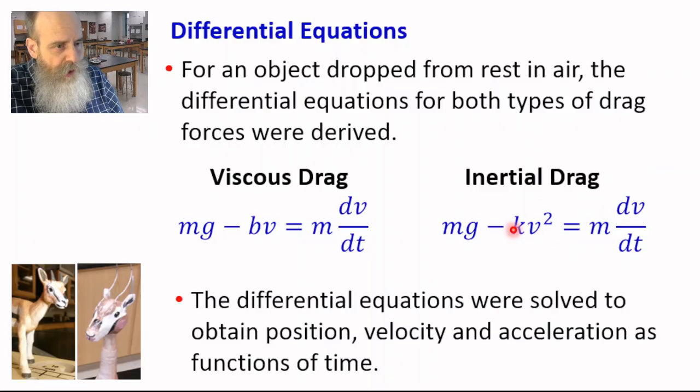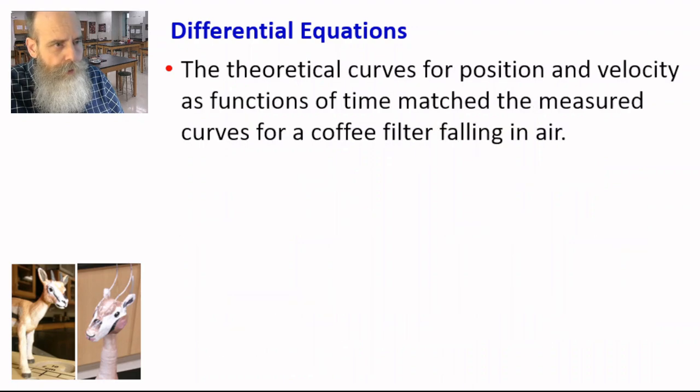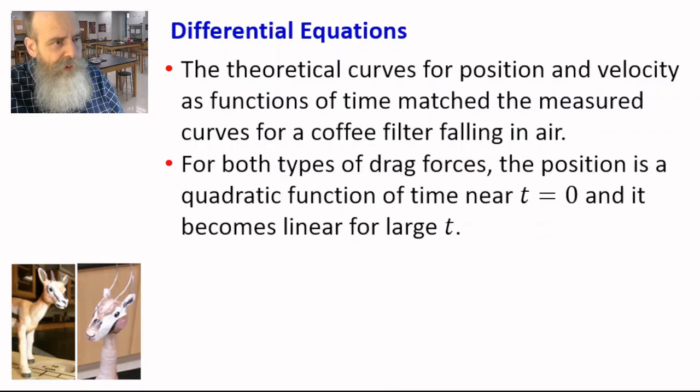And we solved those differential equations to obtain position, velocity, and acceleration as functions of time. The theoretical curves for position and velocity as functions of time matched the measured curves for a coffee filter falling in air. For both types of drag forces, the position is a quadratic function of time near t equals 0, and it becomes linear for large t.